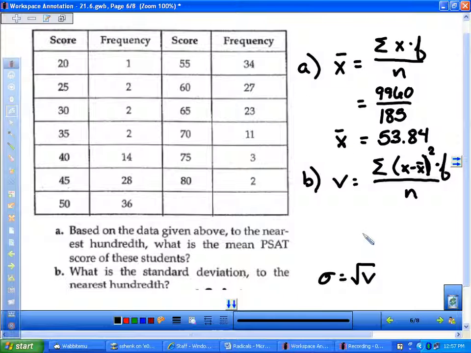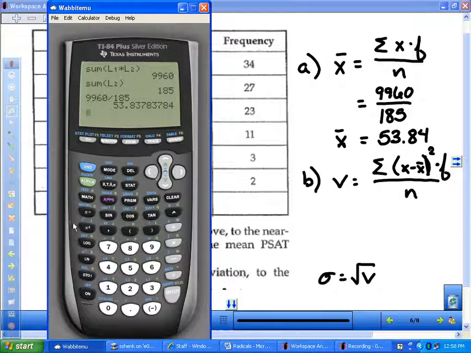Okay. Variance. How are we going to calculate this? What does this mean in the calculator? Sum. I'm just going to hit second, enter again. Well, we want the sum of what? Another parentheses.